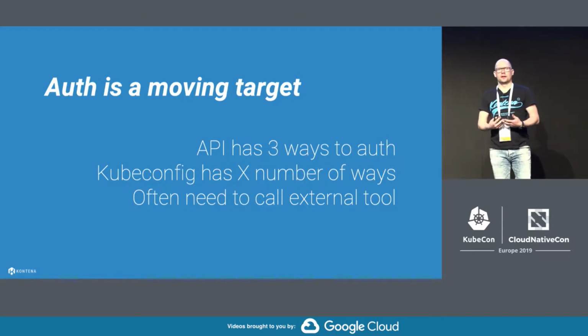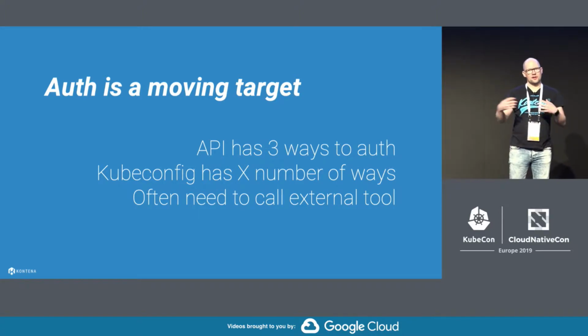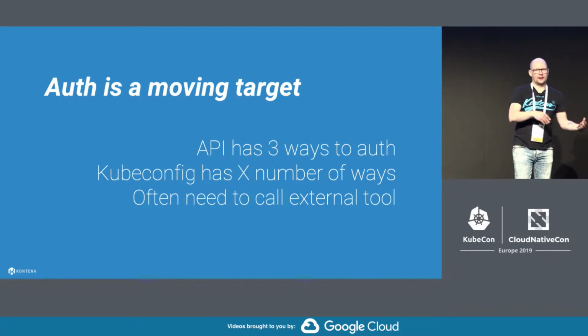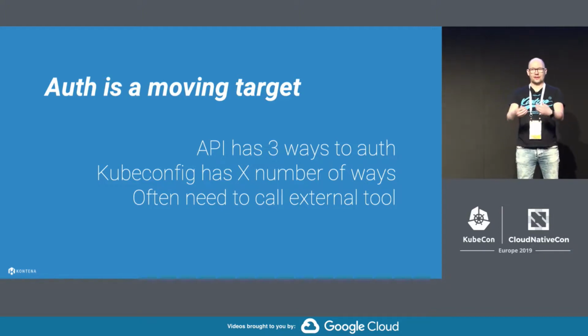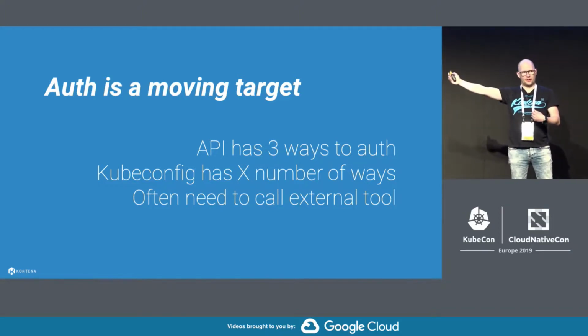And one of the troubles in the authentication part is that in many cases, especially for managed Kubernetes like EKS and GKE, we have to call an external tool to get the token to pass on to the API.